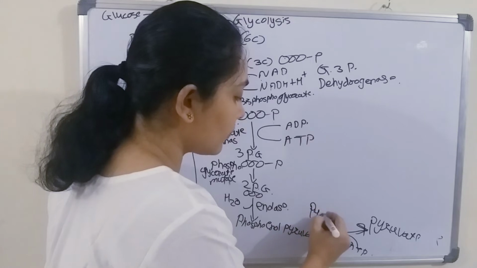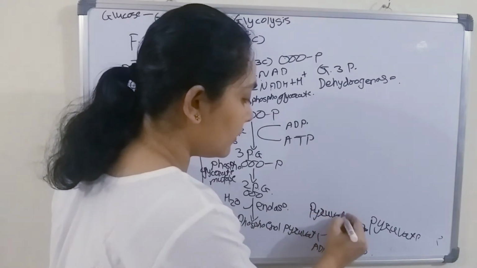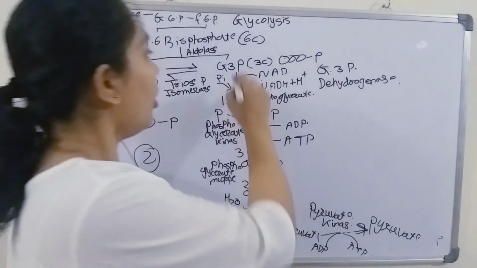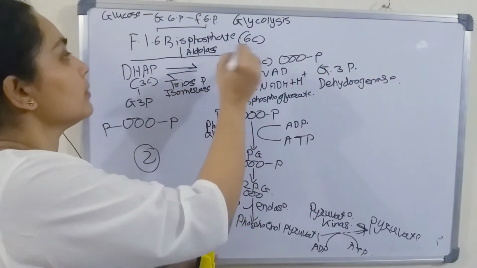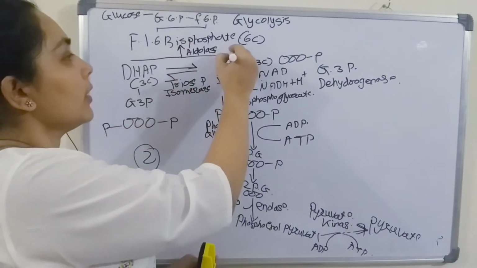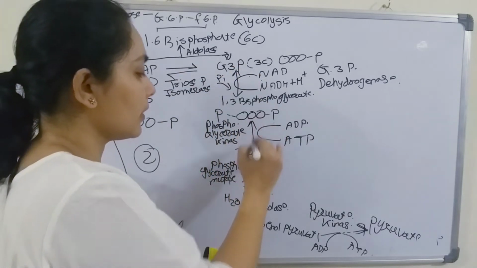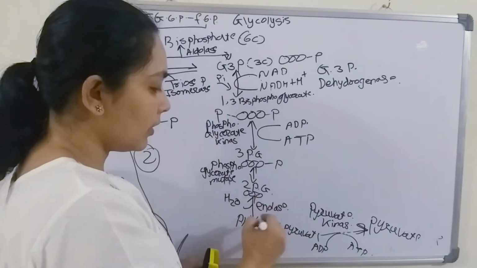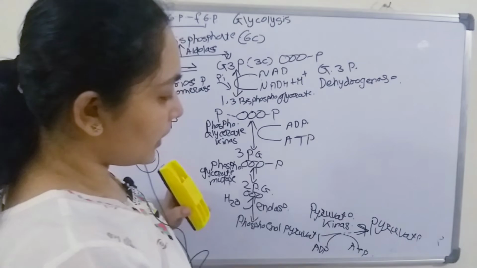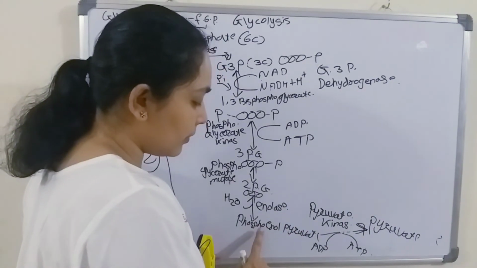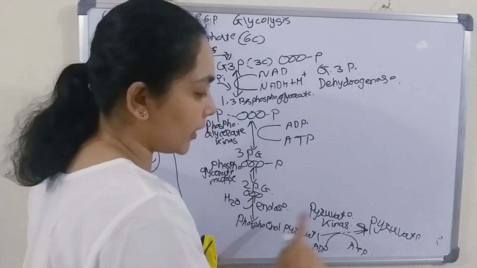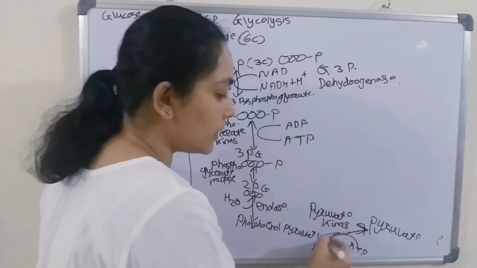Okay, and now be very careful here. The enzyme is pyruvate kinase. All these steps are reversible steps. All steps are reversible, but this step, the conversion of phosphoenolpyruvate to pyruvate, is an irreversible step.